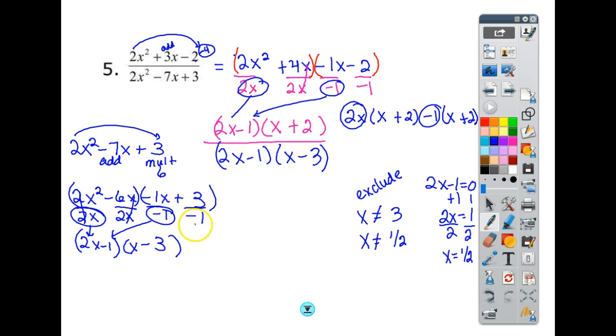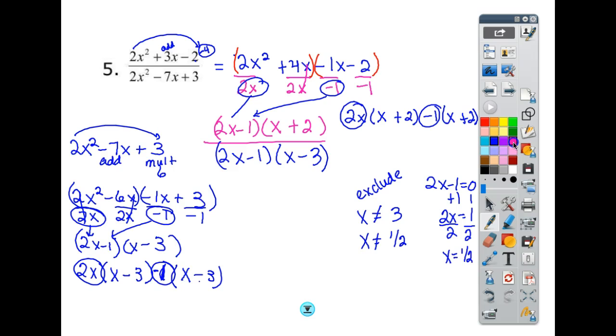When I divide them, I get x minus 3. I actually divide it. The old way would have been to say, okay, 2x out here. Now I get x minus 3. Minus 1, x minus 3. So 2x minus 1 is one of my factors, and x minus 3 is the other factor.